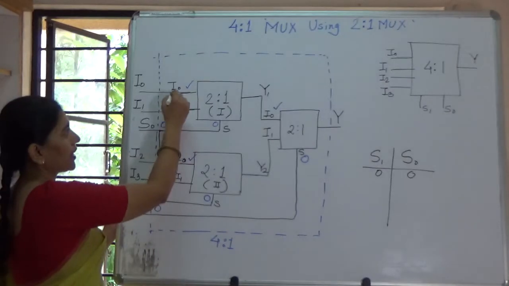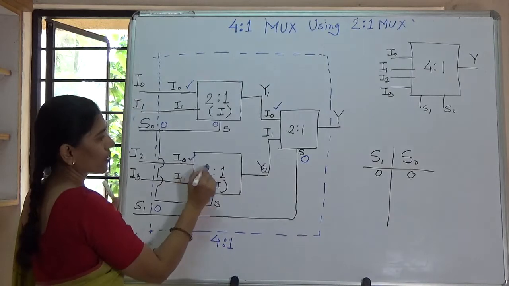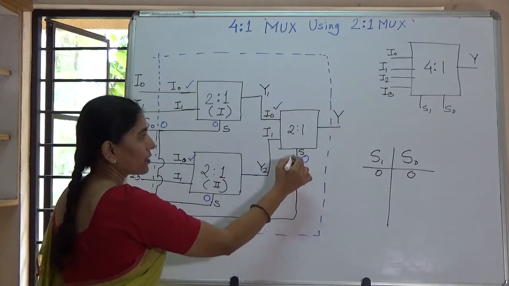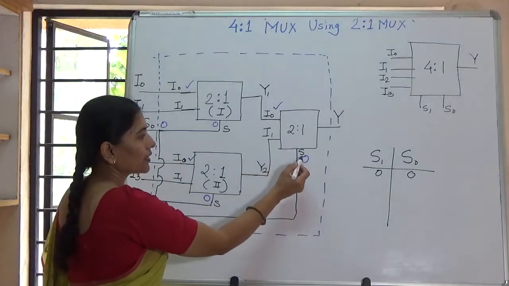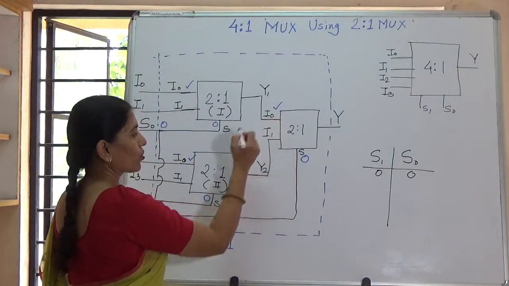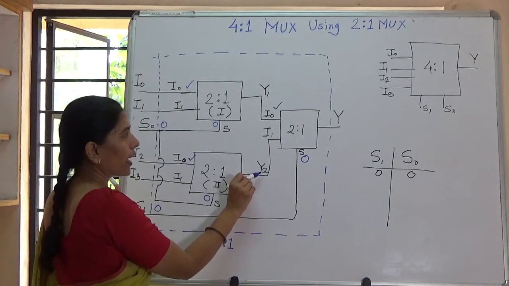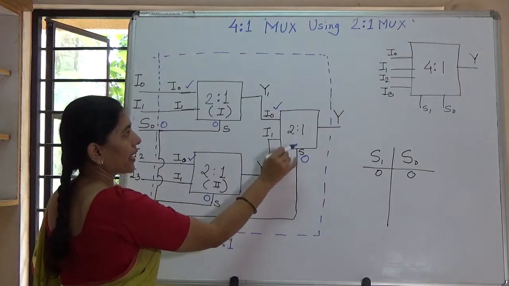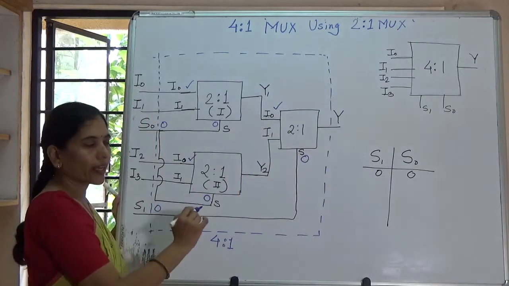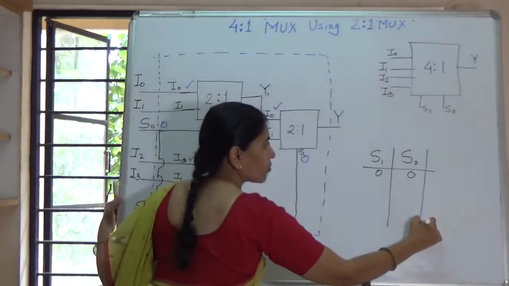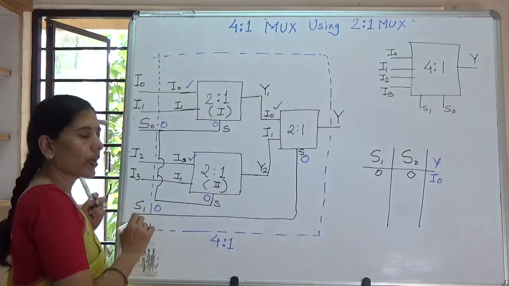So whatever the data on I0 will be connected to Y, over here also to Y, but when it comes to the second stage of this multiplexer, this select line is selecting only I0. So although this I0 is getting connected to Y2, because of this select line, this I0 will only be transferred to the output Y. So in this case, the output Y will become equal to I0.